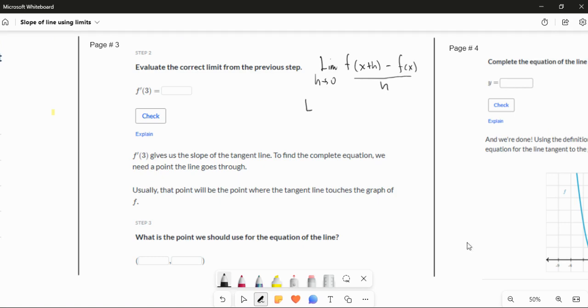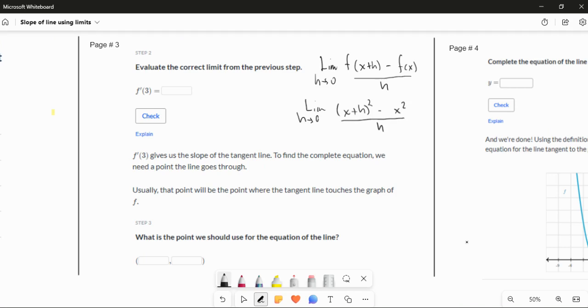So the limit as h approaches 0 of the expression x plus h squared minus x squared over h.